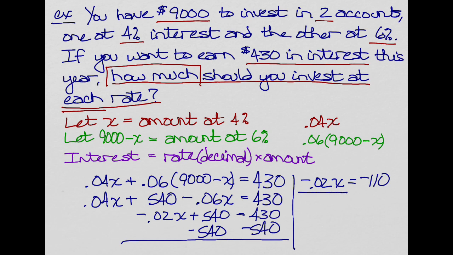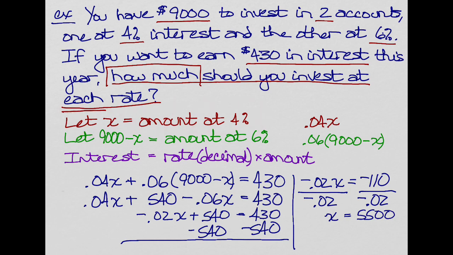It happens. So now I'm going to divide both sides by this negative 0.02. And this is definitely something you probably have your calculator handy for. And we get x is 5,500. And so you'd think, okay, what does that mean? x is 5,500. Well, right back here, we said x is the amount at 4%.